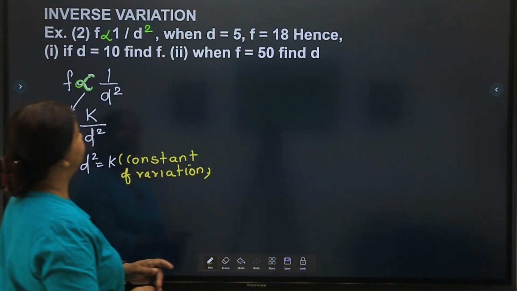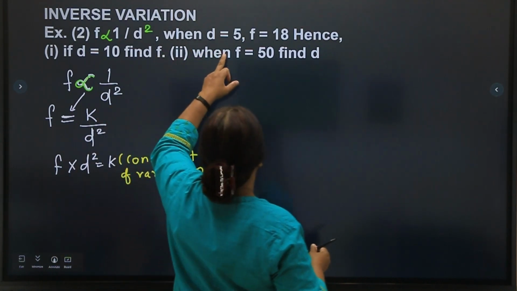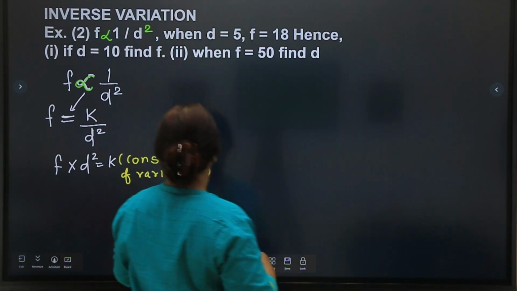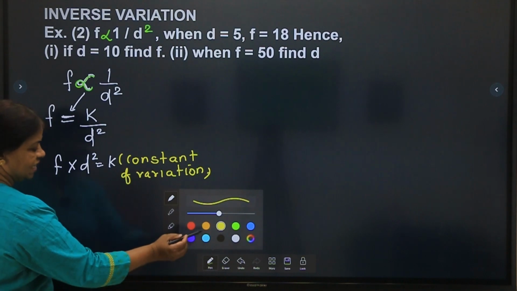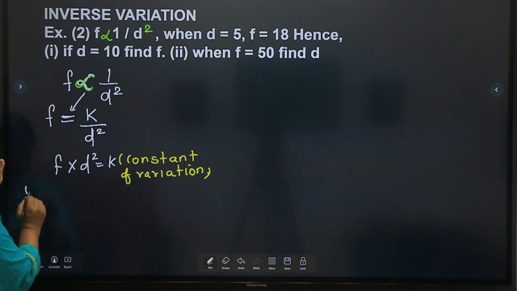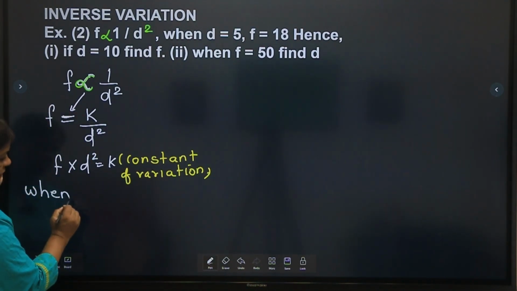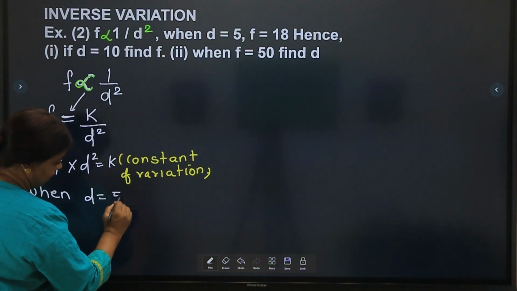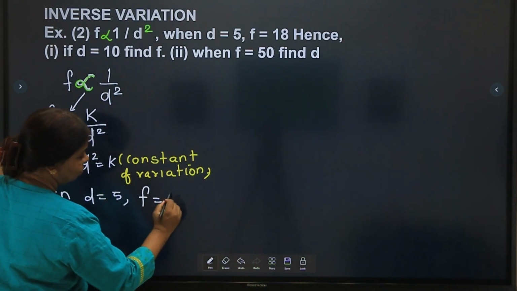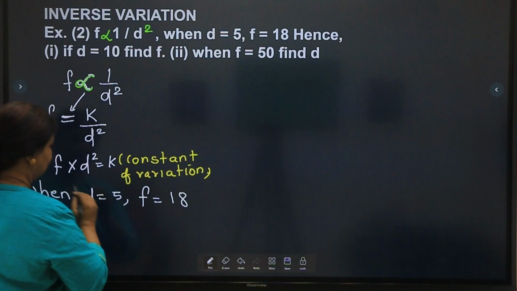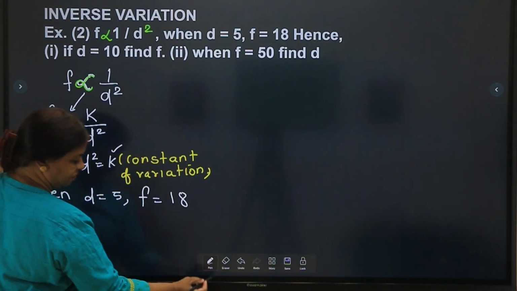K is the constant of variation. When D is 5, F is 18. So it's given when D is equal to 5 and F is equal to 18. So let us find the value of K first.